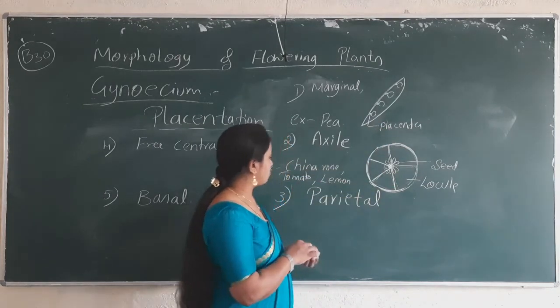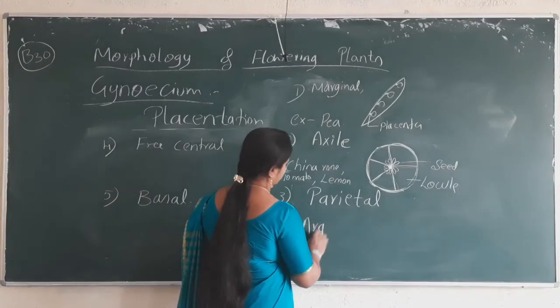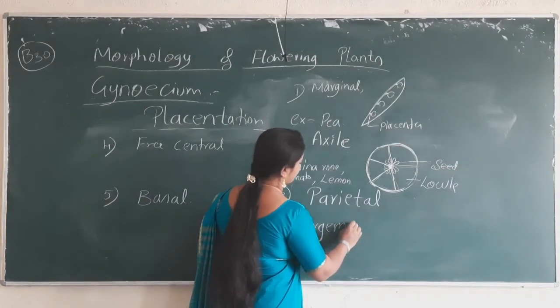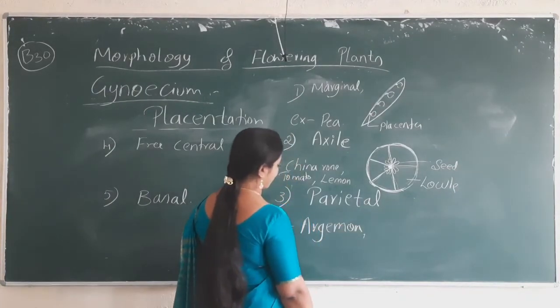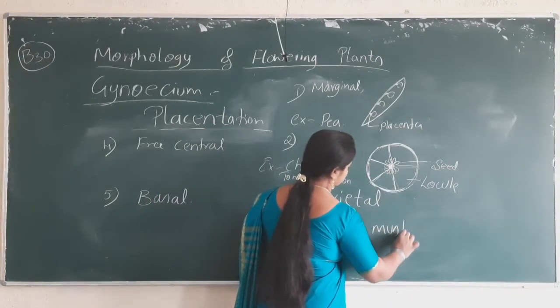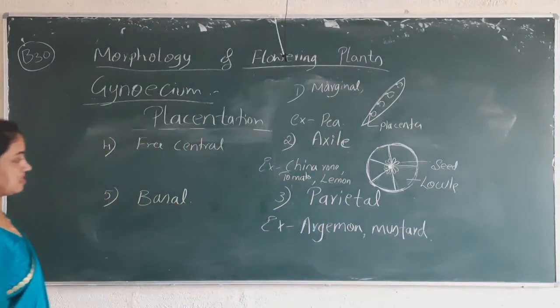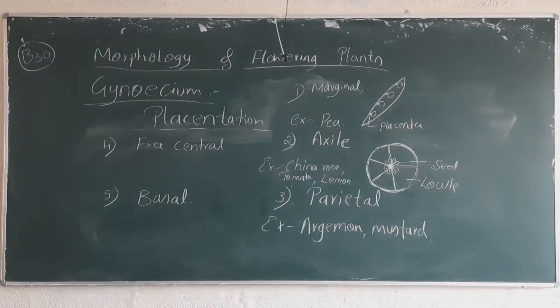Okay. Now, parietal placentation. Argemone and mustard.